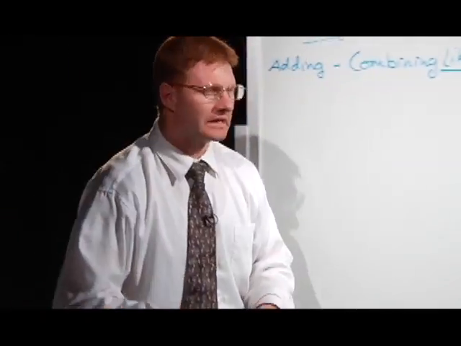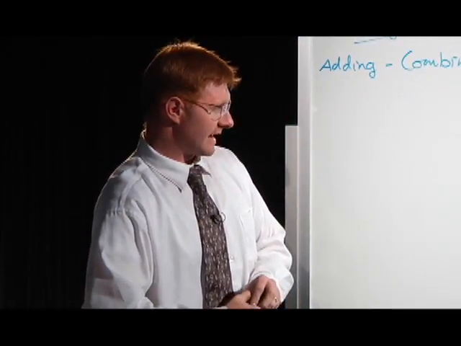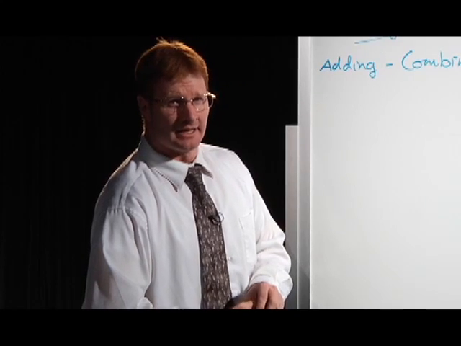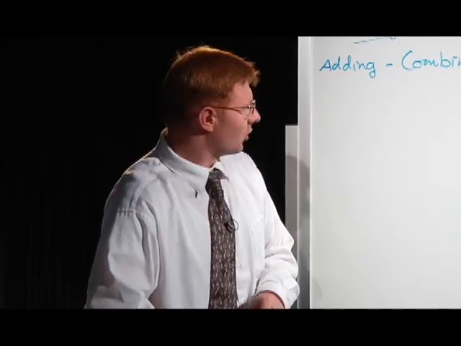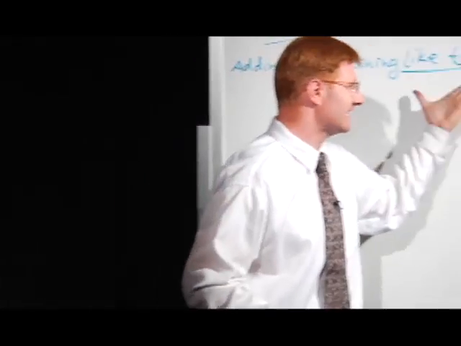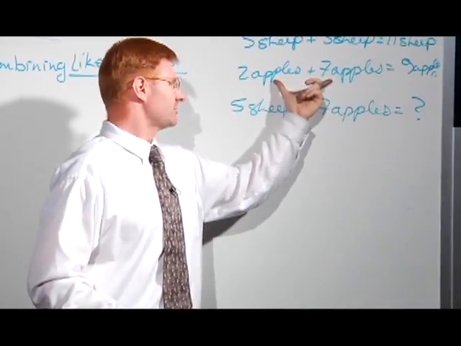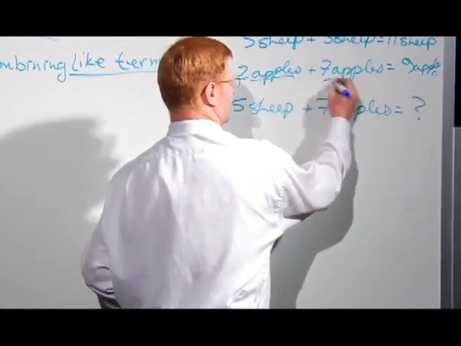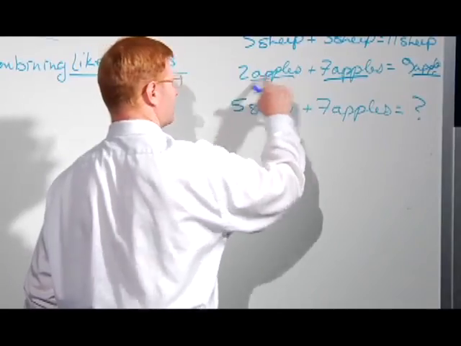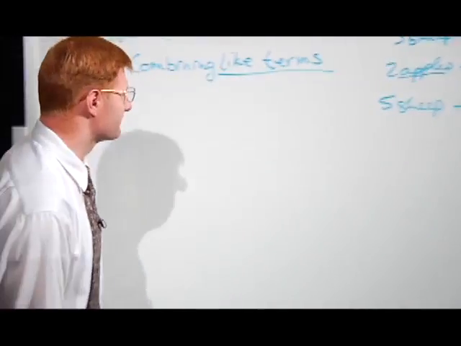And they should give you a funny look. 5 sheep plus 7 apples is 12 what? Doesn't make any sense. It shouldn't make any sense. Addition is only defined if you have like things. You take 2 apples, 7 apples, great, 9 apples. Notice that what you are adding remains the same. It is the 2 and the 7 that actually combine.